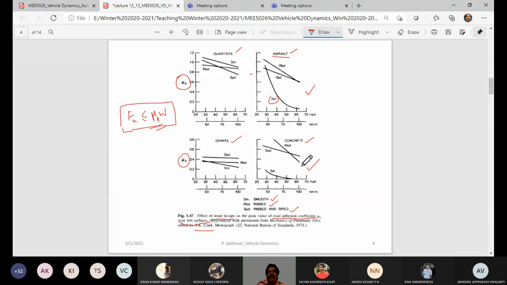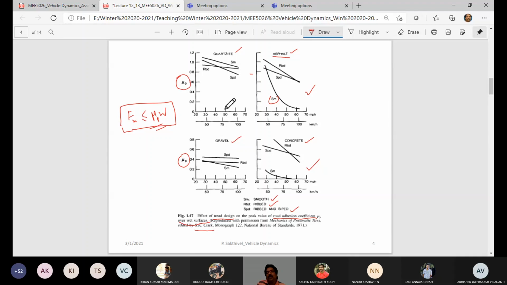Whereas it is not the case with the quartzite or gravel roads, as the road surface textures are different. The macro texture and micro texture, the aggregates in this type of road surface or gravel, if you take, their road textures are different.